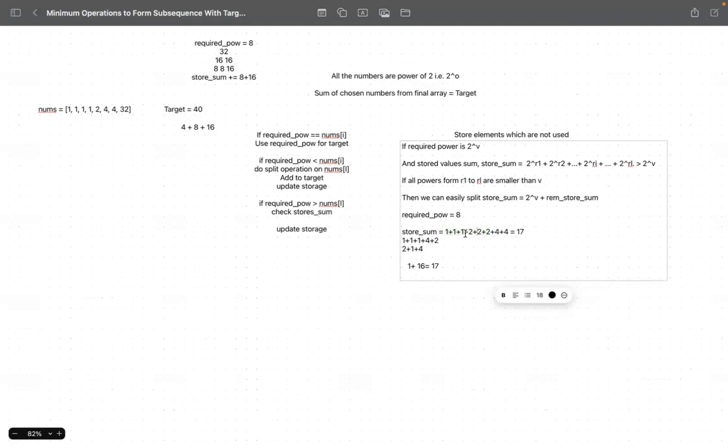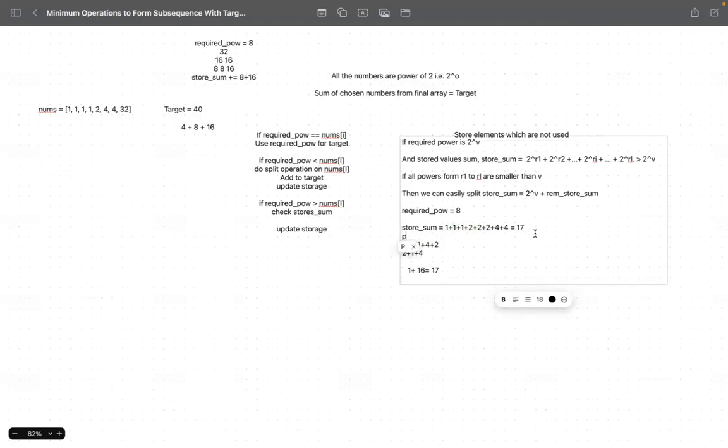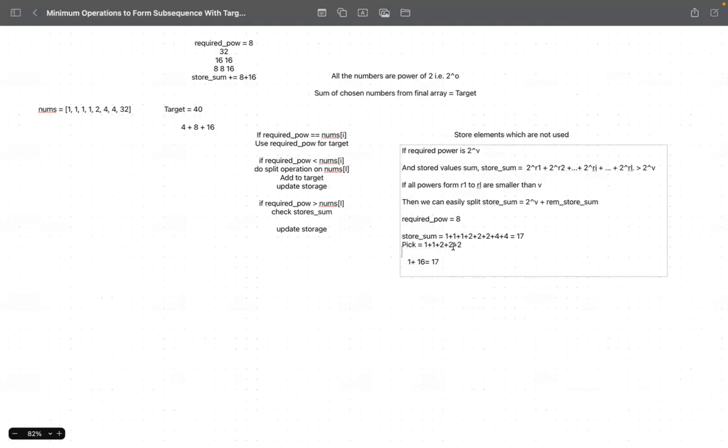Okay, I think you can pick this way. So 1 plus 1 plus 2 plus 2, plus 2 plus 2. Okay, and then the remaining will be whatever you can see without this. So this one will be remaining, this will be remaining. You can pick this 8 in various ways.